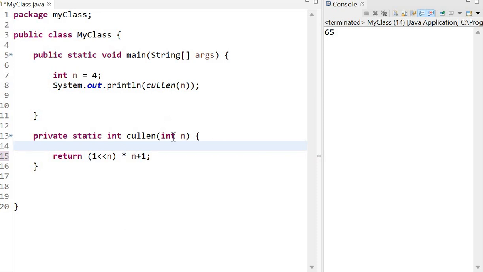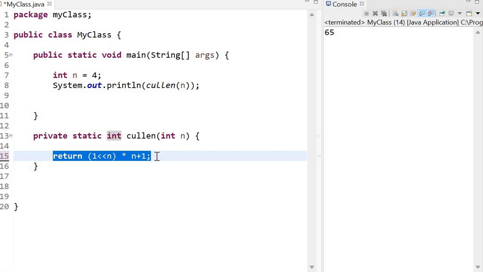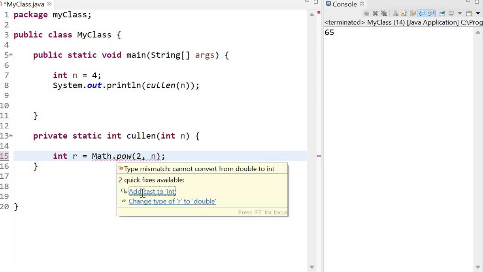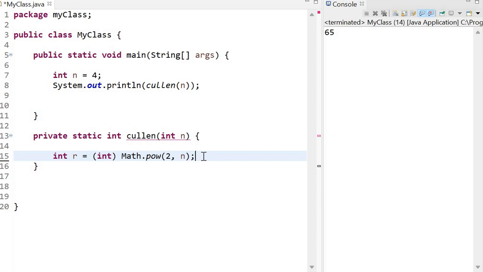Okay, so now the second way to do this, if you don't want to use the left shift operator, then also we can find it out. How? Let me just take a variable r, as a result, because we have to calculate 2 raised to power n, so I will be using the power function. 2 raised to power n, I will calculate first. After calculating it, I will multiply r into n, right?